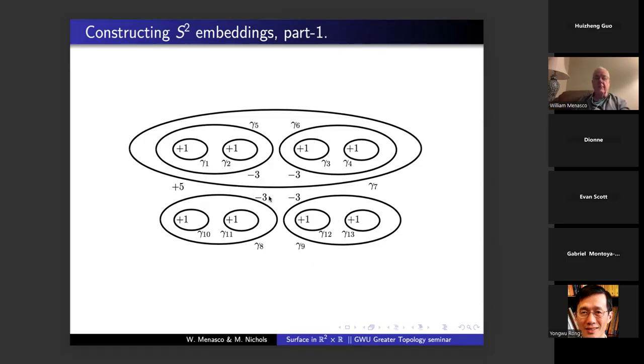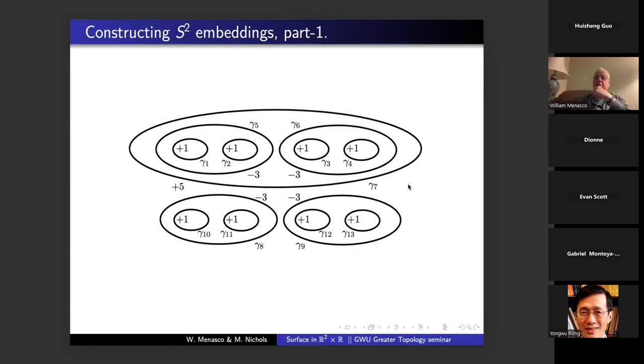And you see here, I'm forced to weight this minus 3 and minus 3. So I'm forced to weight this plus 5. All right. And in this case, I can consistently make all the weight assignments. As I showed you before, there are configurations on the two-sphere that have no weight assignment. You just can't do it.